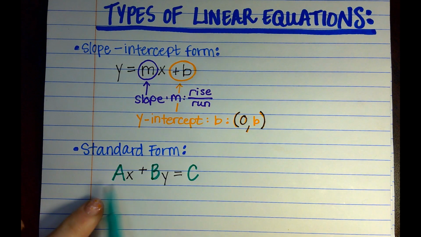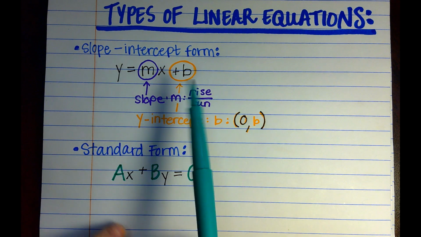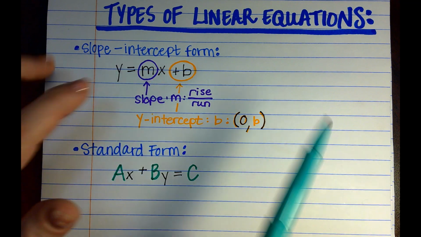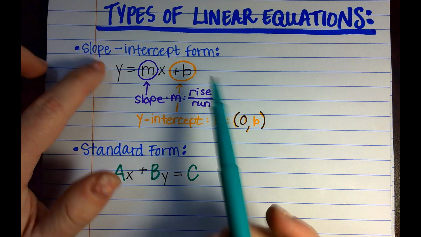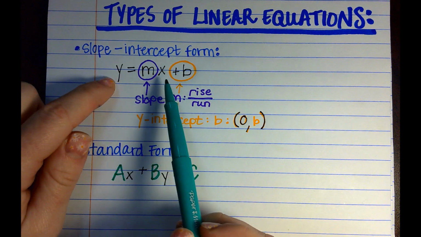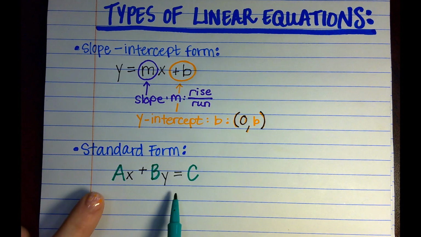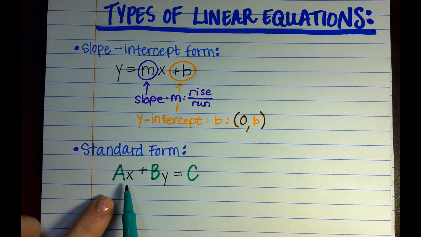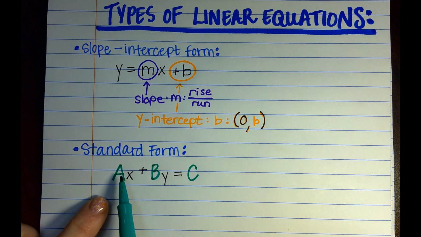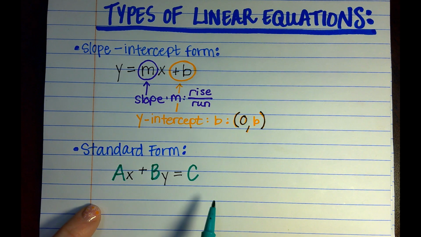Now, when we have an equation written in this form, similar to slope-intercept form, you're never going to have a number to replace y and x. So you're always going to have that x and that y. You'll have numbers plugged in for A, B, and C. And with those numbers, we can also come up with our slope and our y-intercept, because that's all you need to graph a line.